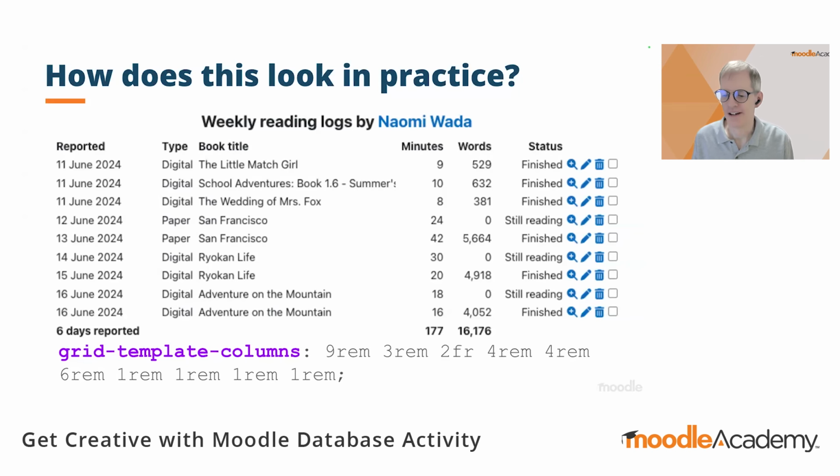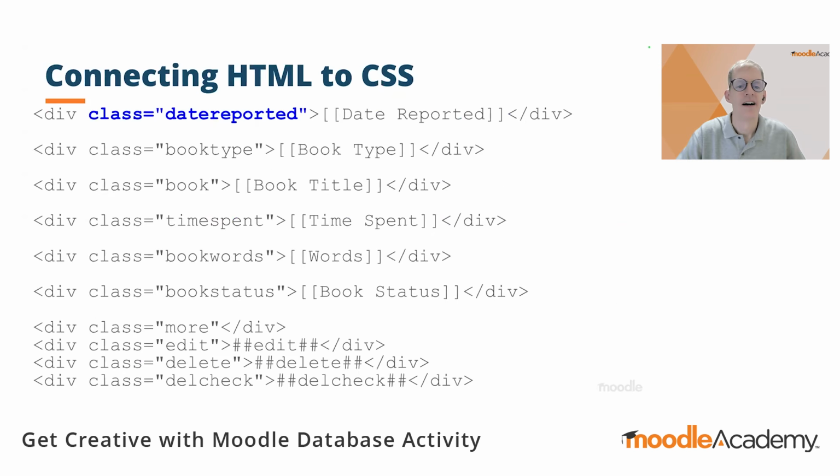All right, I'm going to keep going here. Defining the containers with CSS is the first step, but how do I get the text from my HTML into these containers? To link CSS with the HTML, there needs to be an identifier.